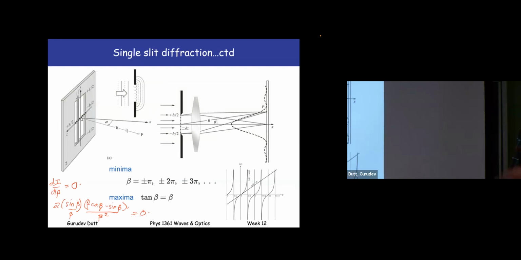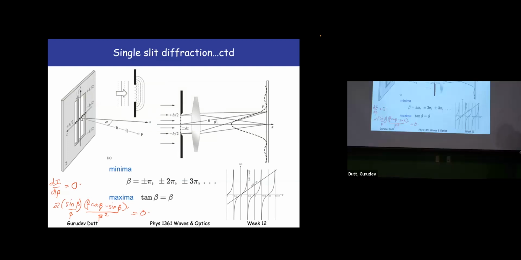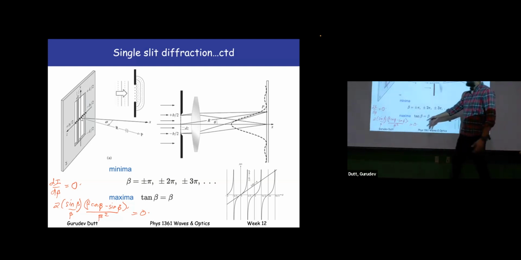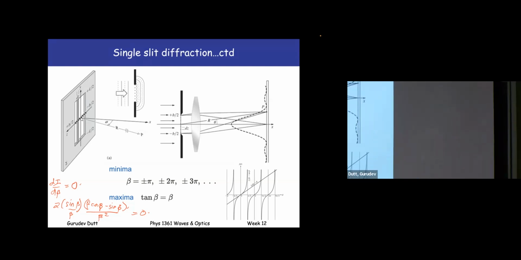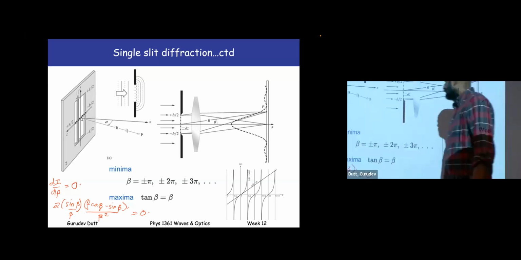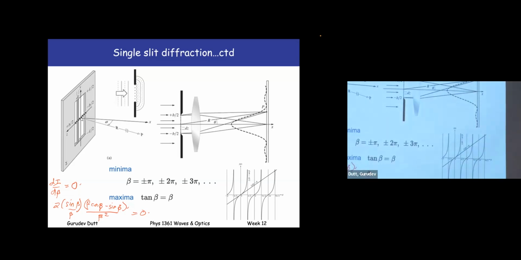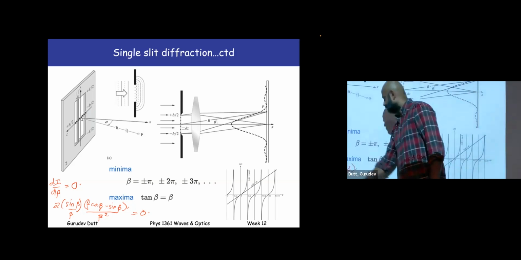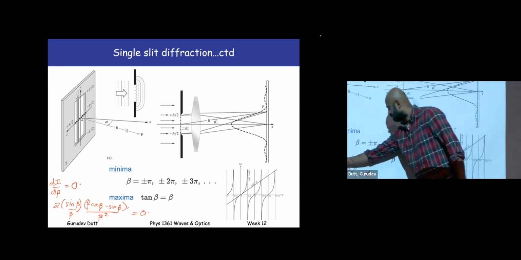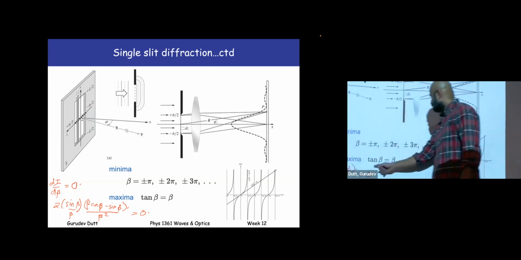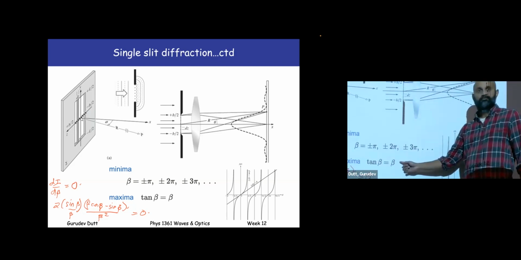Okay, the last thing, maybe I should come back to this. Well, actually, it's pretty quick. I've already shown you where the minima occur. For the maxima, that's just setting dI over d beta equal to 0, and calculating using the chain rule what this function must be, and setting that numerator equal to 0 gives me tan beta equals beta.